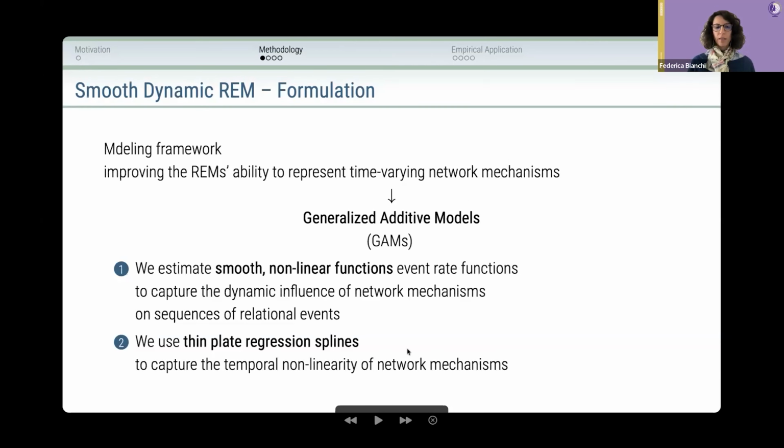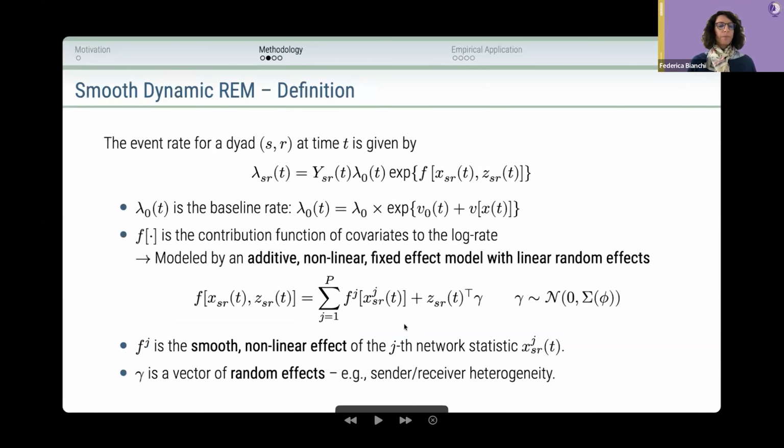And how do we do that? We estimate smooth nonlinear functions, event rate functions, to capture these dynamics of network mechanisms through time on sequences of relational events, and in particular, we use regression splines to capture this nonlinearity of network mechanisms. So this is our model.